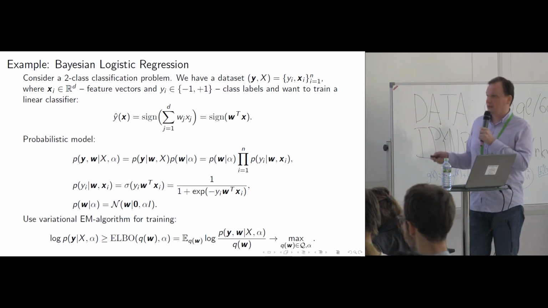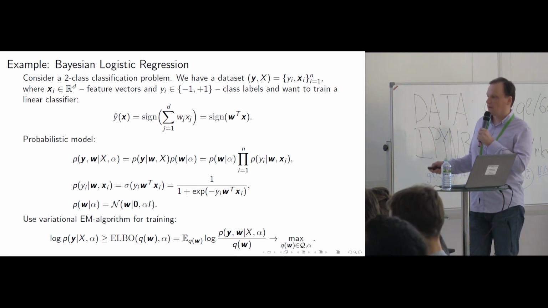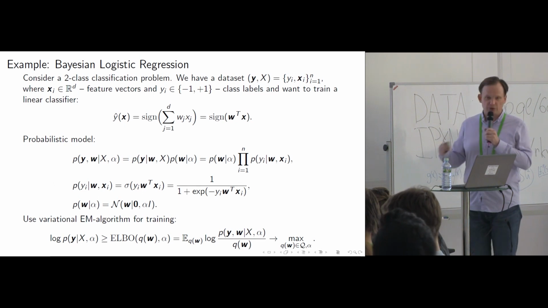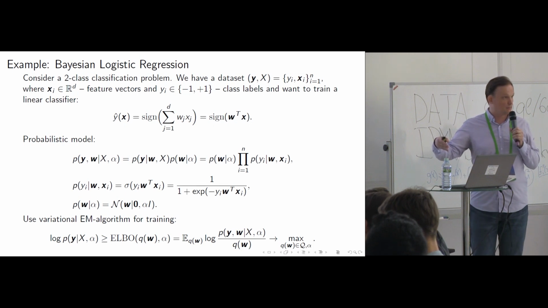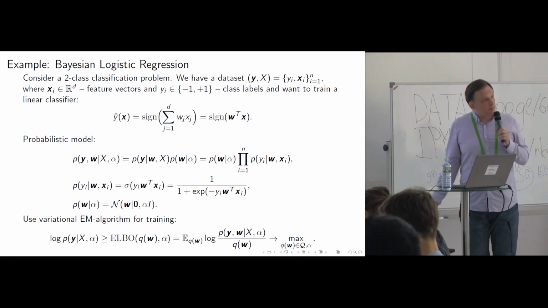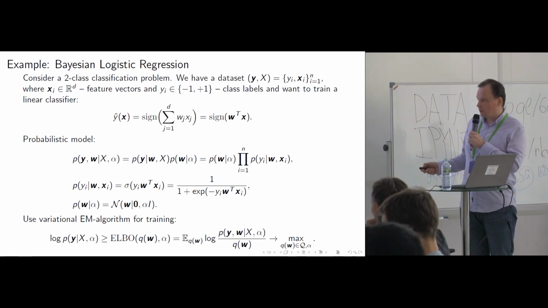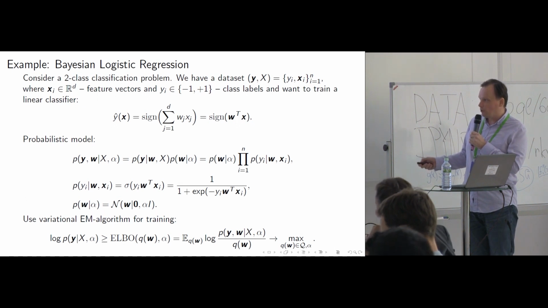Because if we say that Q of W is just an independent distribution over each component of W, this doesn't help us. Because here we need to estimate the expectation over this factorized distribution of the log joint.